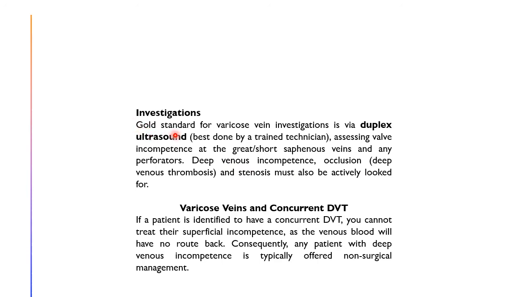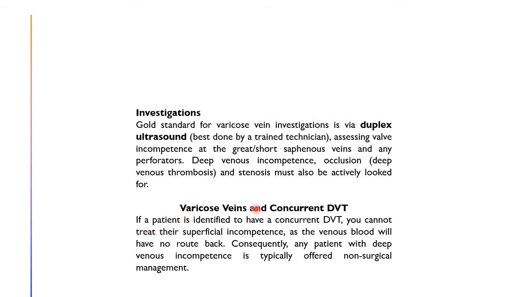The gold standard for varicose vein investigation is a duplex ultrasound, assessing the valve incompetence in the great or short saphenous veins and any perforators that may be present in the deep system. Deep venous incompetence, occlusion especially due to deep vein thrombosis, and stenosis must also be actively looked for in this duplex ultrasound.